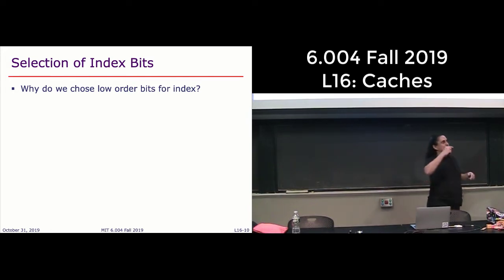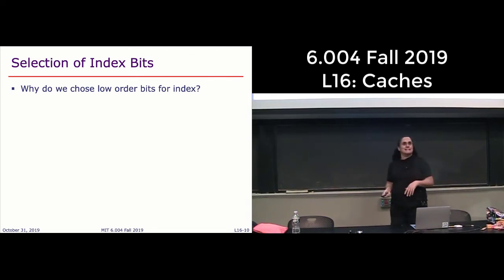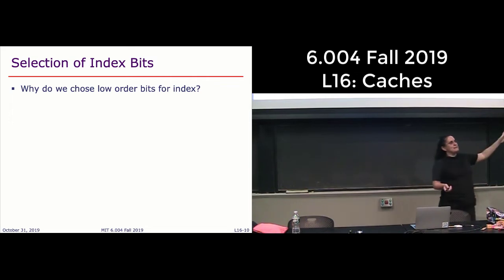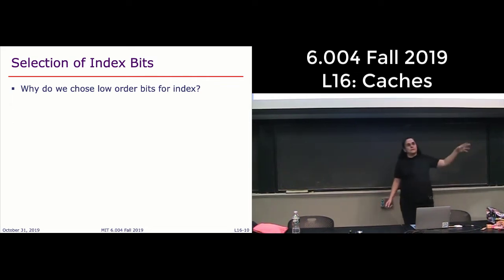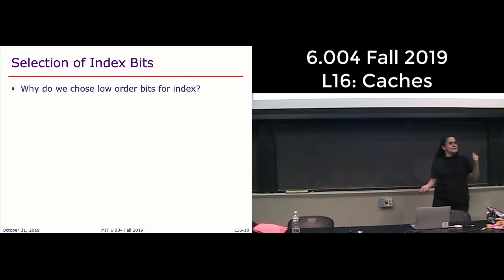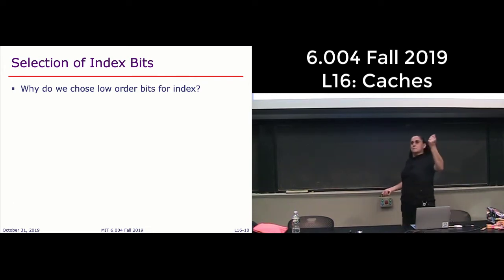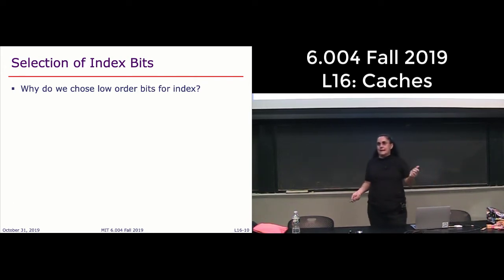Right? So in other words, if I wanted to access, let's say, address 100 and 104, the top bits of both of those are 0. And so that would mean that both of those locations would map to the same location in my cache, which isn't what I want, right? I want these locations that I'm likely to want to access to both be able to fit in my cache.